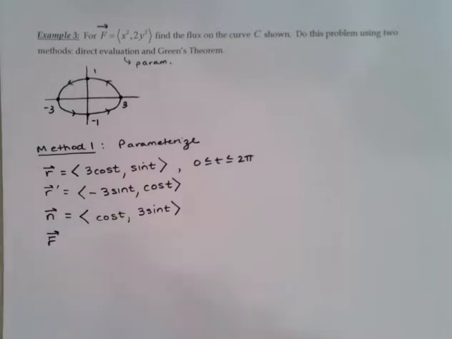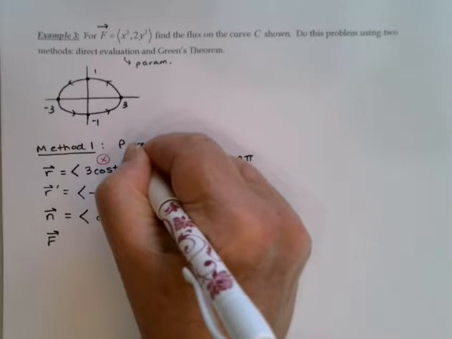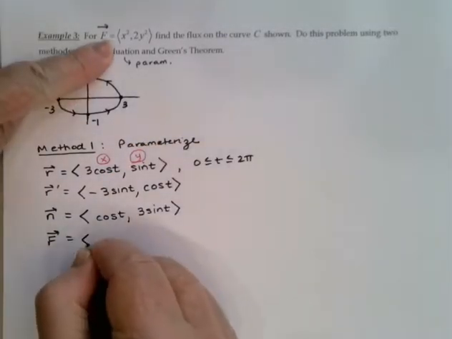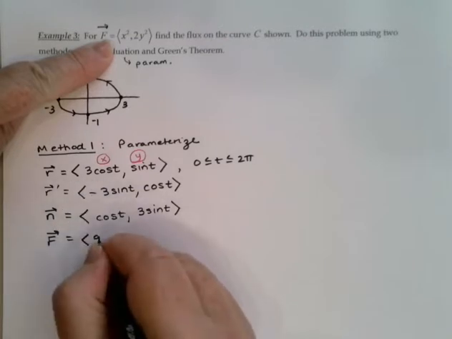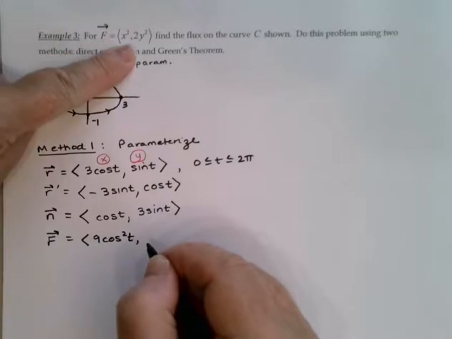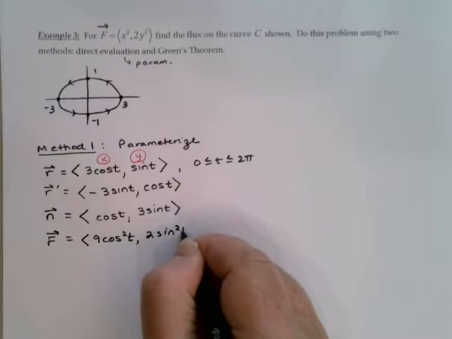Finally, I need f. So using my x and y from the original definition of r here, f is x squared, so 9 cosine squared t, comma 2y squared, so 2 sine squared t.